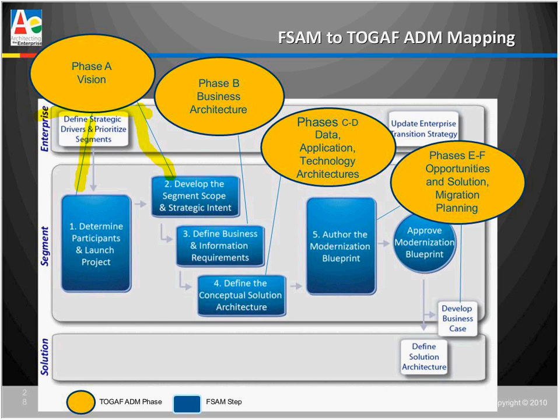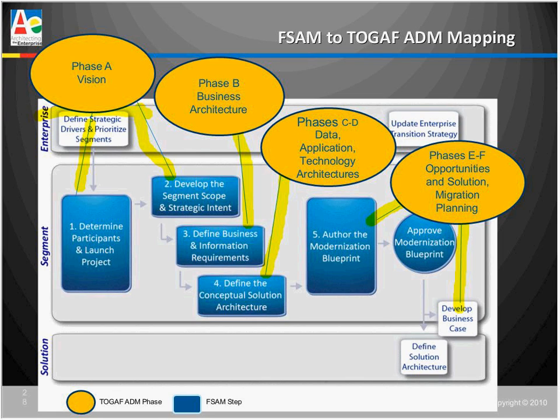Phase B directly to Step 3, Phase C and D to Step 4, and then phases E and F to Step 5, and also developing the business case. Very clear and easy mapping.